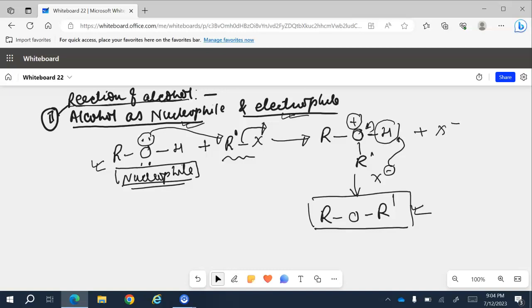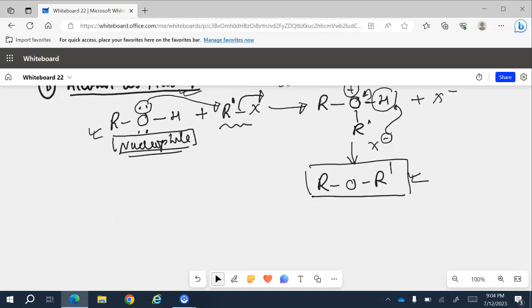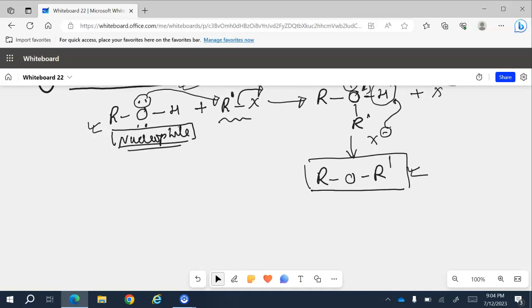Now, as we say here, alcohol also can act as the electrophile. Whenever the alcohol is acting as the electrophile, the carbon that bears the OH group is what will act as the electron loving center. This carbon will be the electrophilic center.